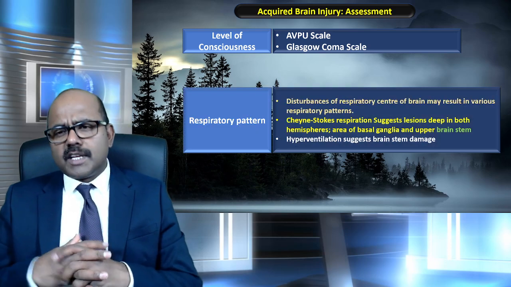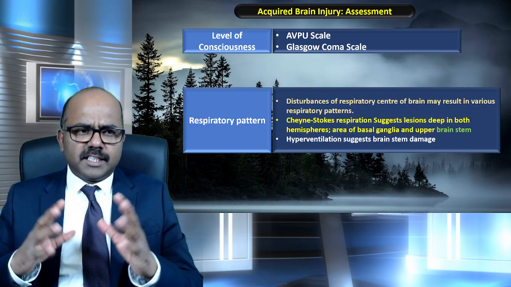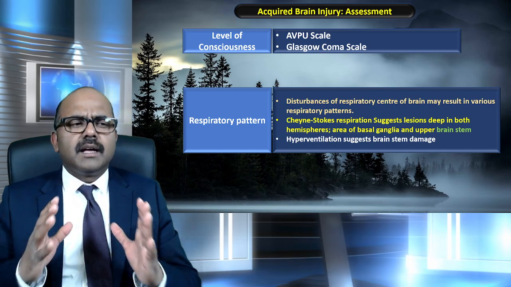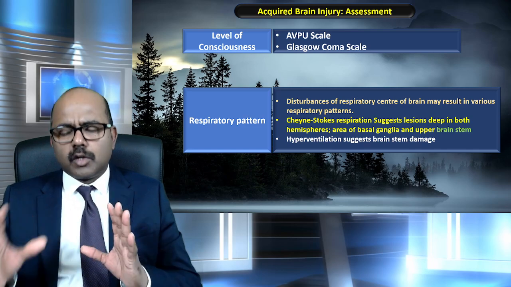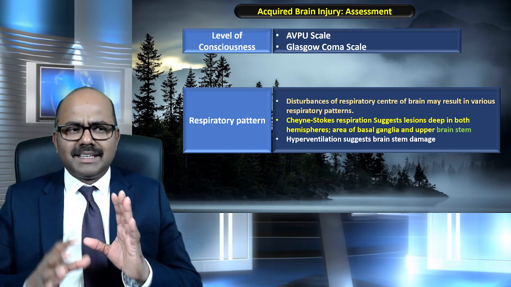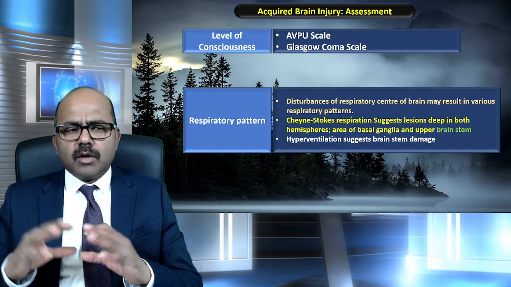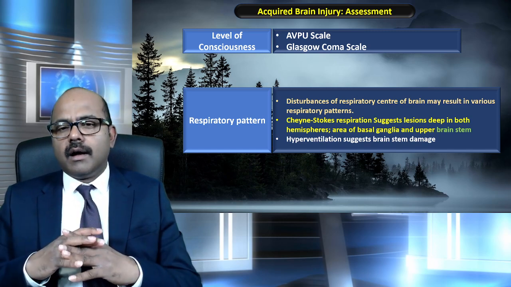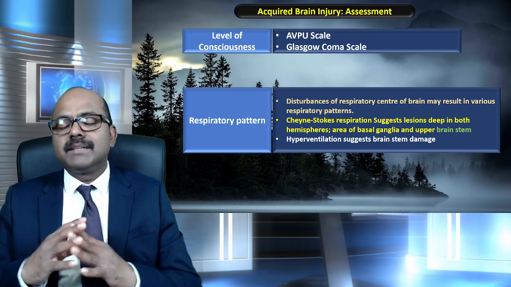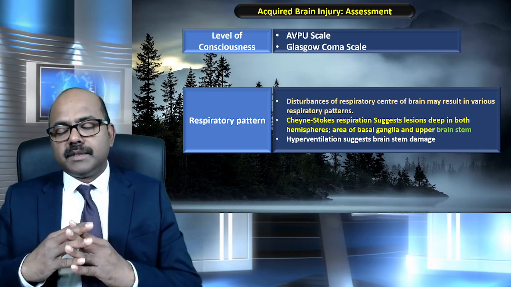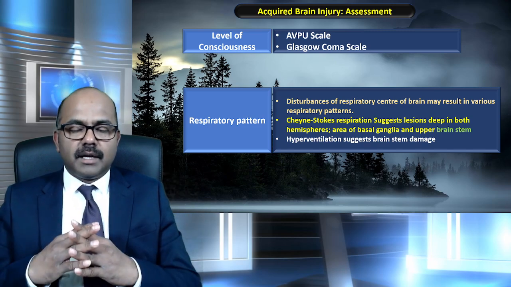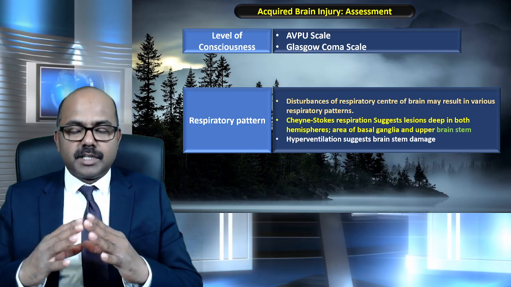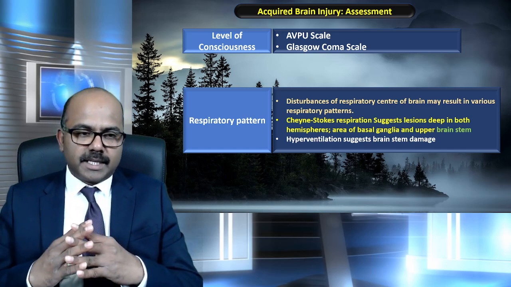Okay, so in the respiratory pattern, like always, disturbances in the respiratory center in the brain will cause chaotic respiration, mainly Cheyne-Stokes respiration. So look for differences in the breathing pattern, and if the breathing is affected, most likely there is an injury deeper into the brain tissues, mainly in the brain stem.